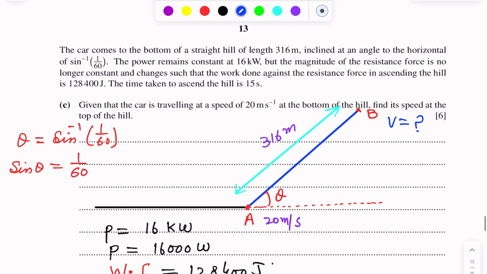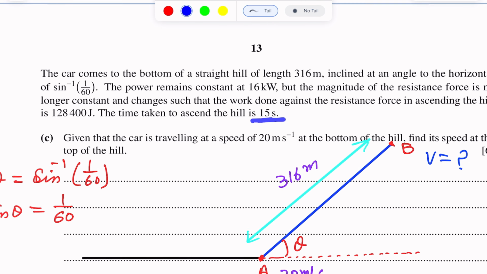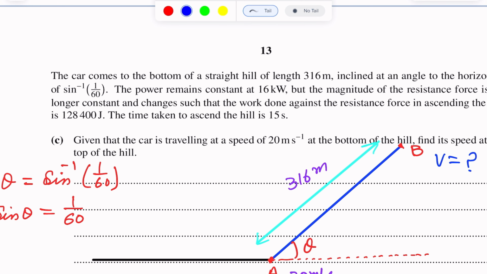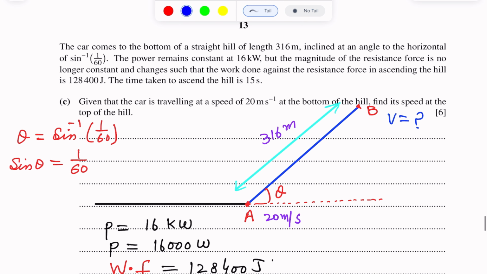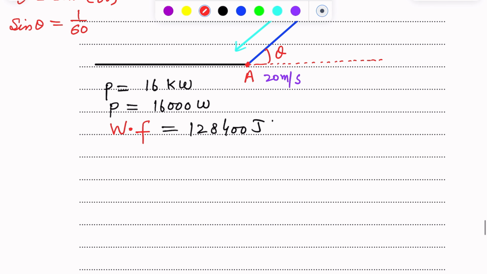Now, since we are given the time, 15 seconds to reach from the bottom to top, and the distance is also given. Now we have to find the driving force along the plane. So we know that power is equal to rate of doing work.